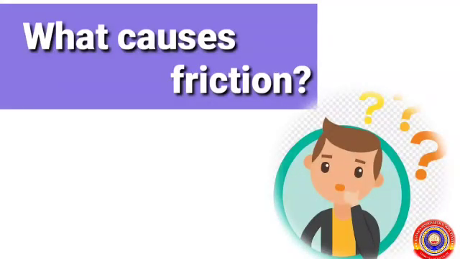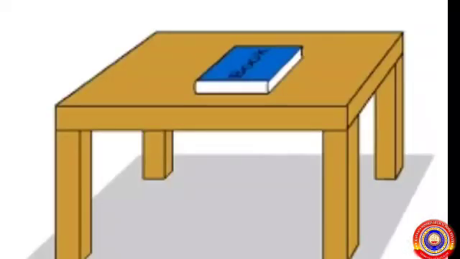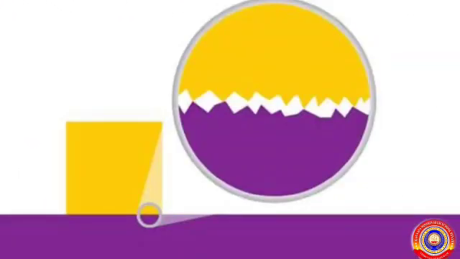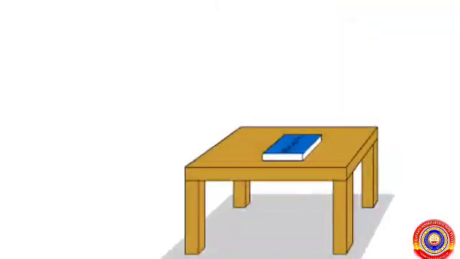Then, what causes friction? Let us check. Suppose a book is placed on a table. While it is placed on the table, a contact is made between the surface of the book and the table. When we look at this under a microscope, we can clearly see the mounts and pits on their surfaces.